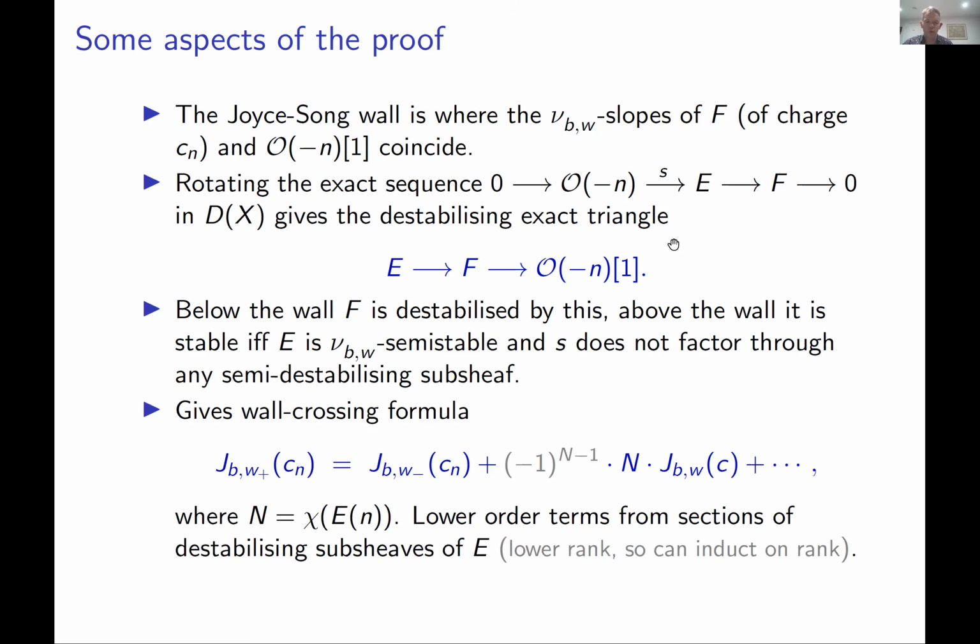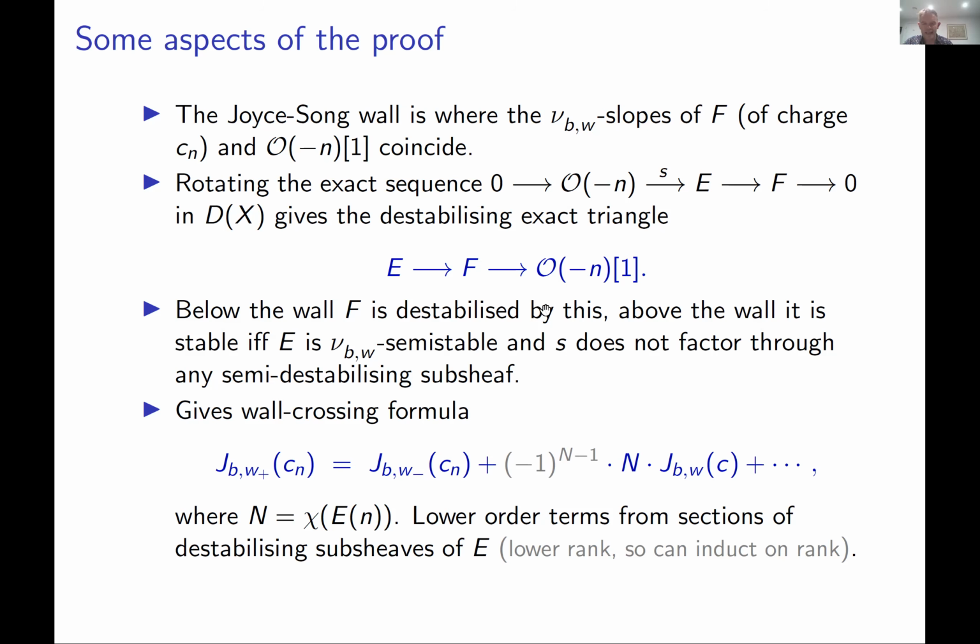So let's see what the wall crossing formula gives as you cross this red wall. If you remember that introduction to the simplest wall crossing formula I described, that would say the number of Fs above the wall equals the number of Fs below the wall, plus, what was the correction?